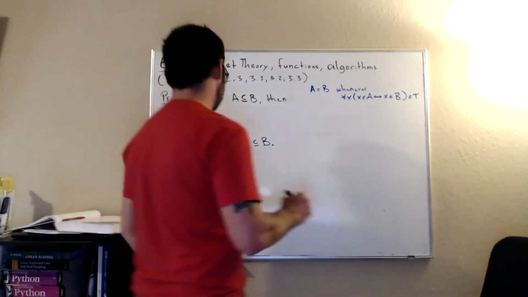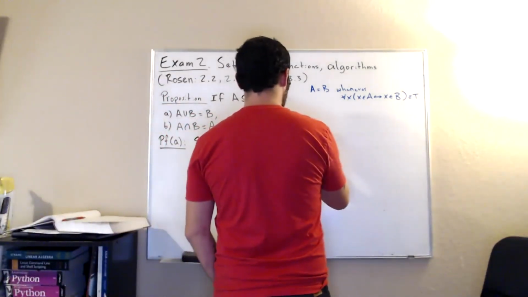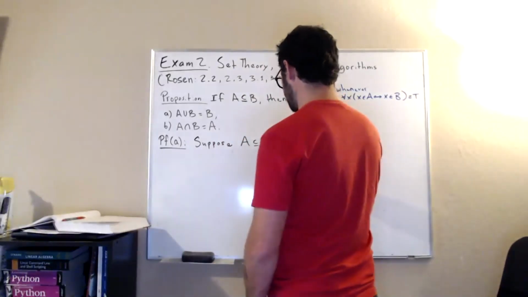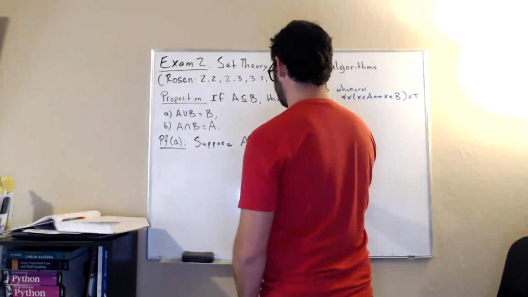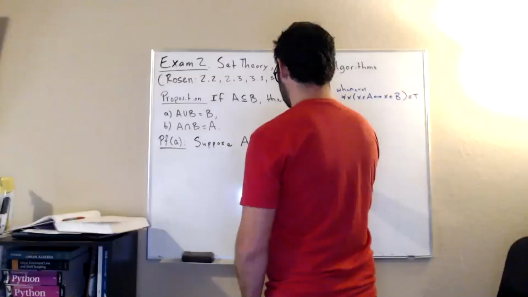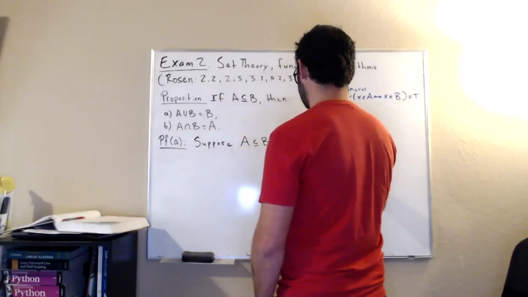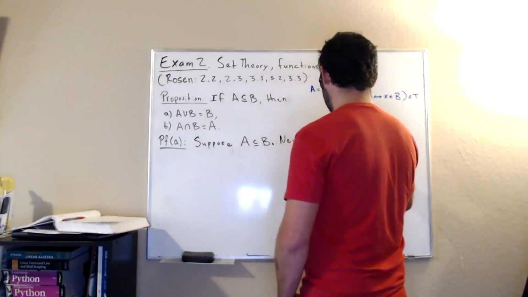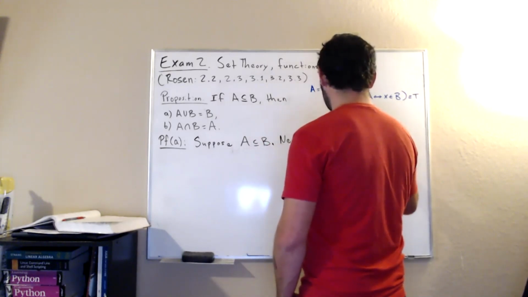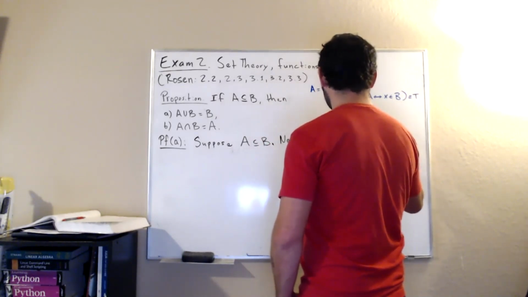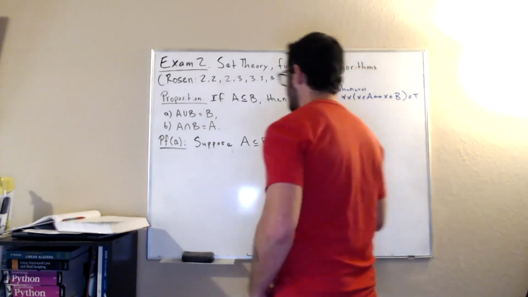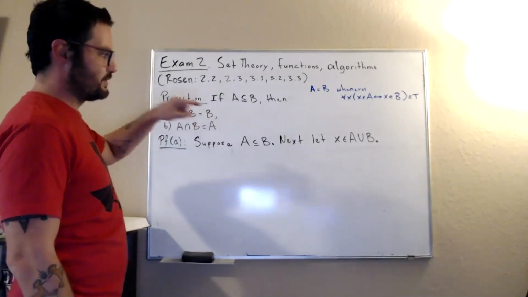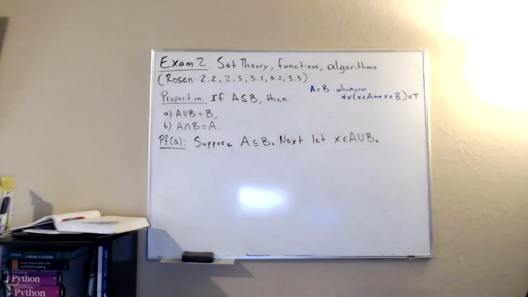All right, so next we're going to say, let X be an element of A union B. All right, so I'm picking something on this side. I want to show that it's over there.